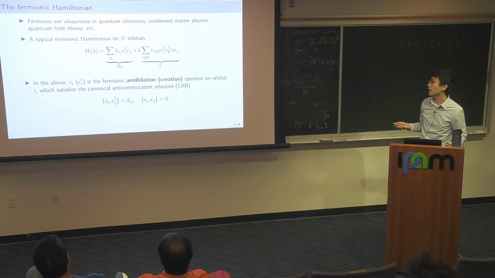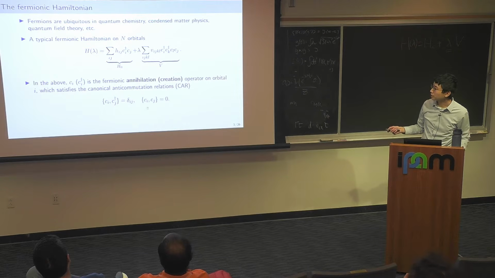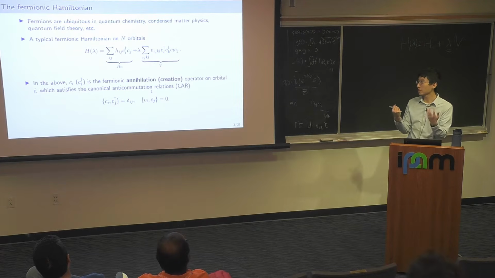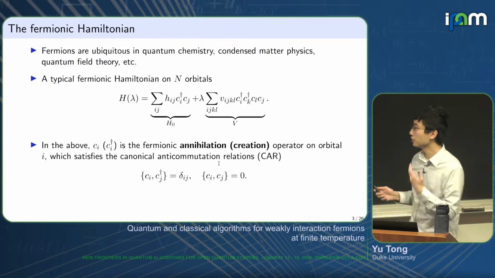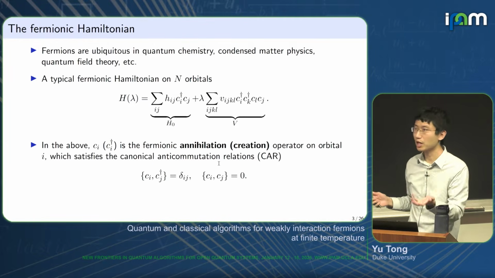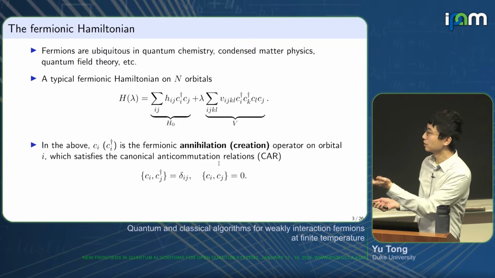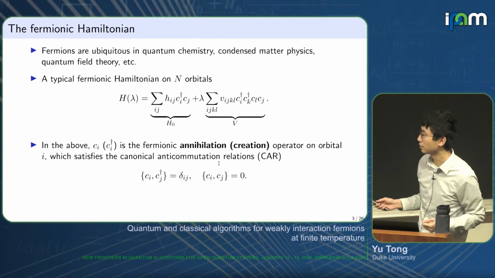They satisfy the canonical anti-commutation relation, which means if you look at, for example, the anti-commutator between Ci and Cj, it's going to be 0. So annihilation operators on two fermionic orbitals are going to anti-commute with each other rather than commute with each other. This is the reason why we call them fermions rather than bosons. The structure of this canonical anti-commutation relation really defines what a fermion is.